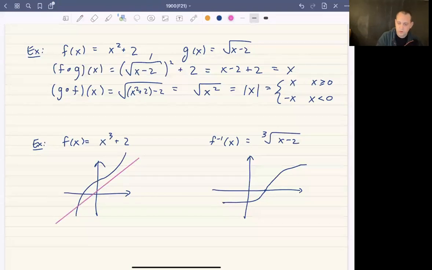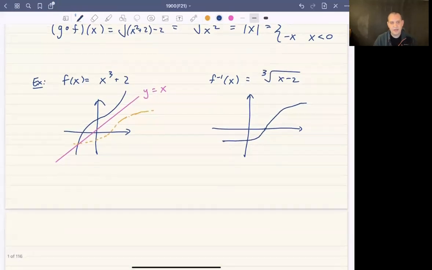And if you were to rotate it about that line, excuse me, reflect it about that line, what you would end up with would be the inverse function. Okay, and so it's just reflected about this line y equals x. And so inverses, it turns out, are going to have very similar graphs. It's just that they're going to be reflected about the line y equals x. So that's how they're going to differ from one another. Okay, and so that's the story. That's how you can geometrically find an inverse function.